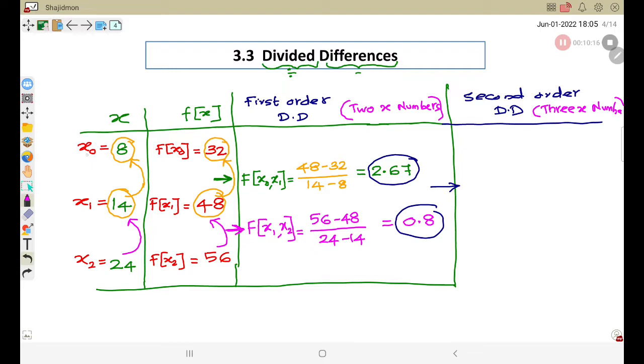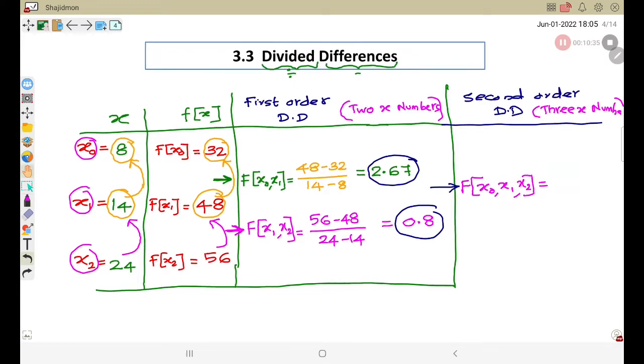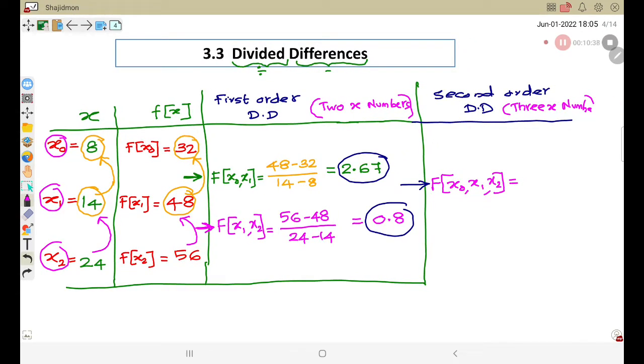So which are the 3 x numbers? x0, x1 and x2 together. So whatever number we get here, we represent it like f of x0 comma x1 comma x2, because we take 3 numbers at a time.